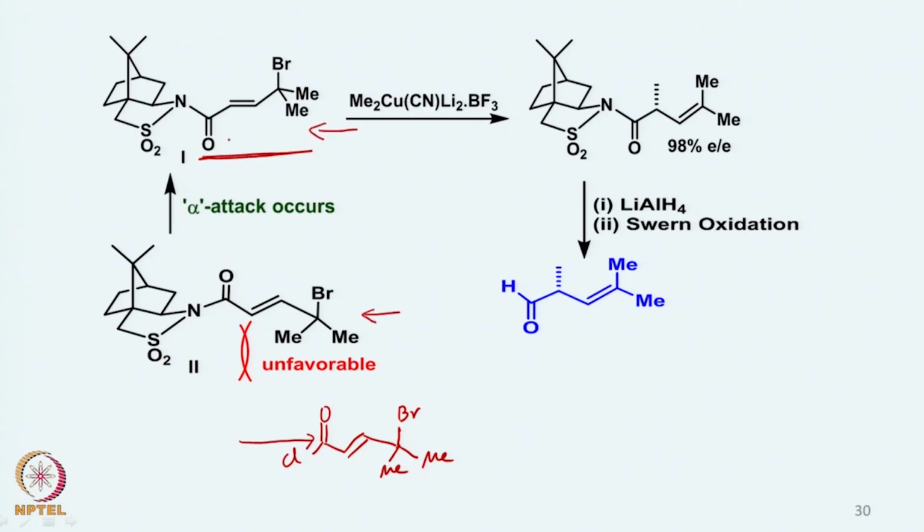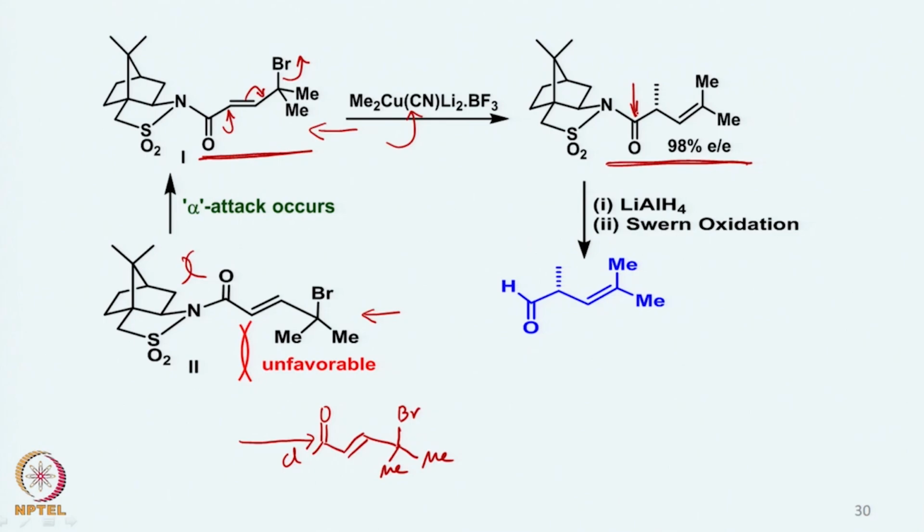This is the one that is more preferred, because the top face is going to be sterically hindered, and this particular one is not sterically hindered, and therefore the carbonyl group orients in this fashion, to which the cuprate then attacks onto this carbon, and then this goes as a leaving group, leading to the formation of this auxiliary contained intermediate, which of course can be reduced with lithium aluminum hydride.